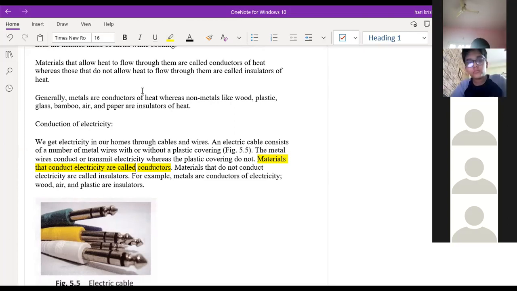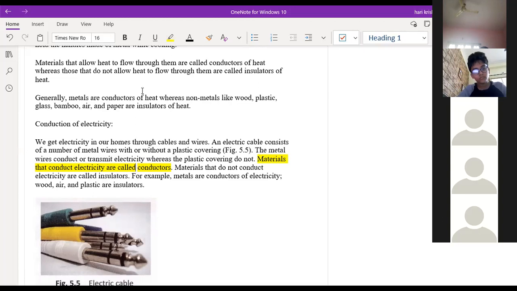Generally, the conduction of electricity is due to the presence of ions or free electrons. Yes, sir, our blood contains iron and our body contains water, that's why we get shock when we touch electric wires.